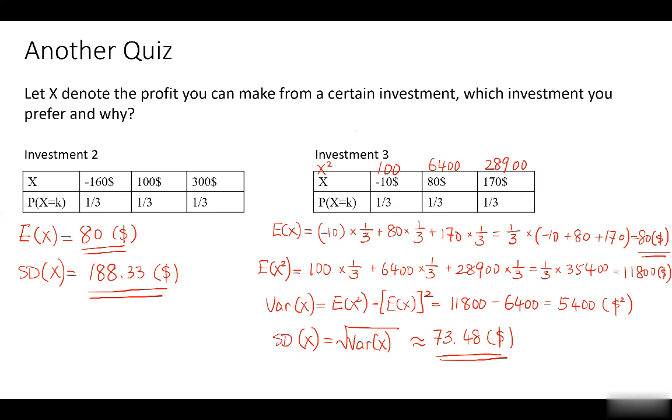So which one do you prefer? As a rational person, I think investment 3 is more preferred, right? Because the average profit is the same, but in option 3, you will have much lower risk. So option 3 is more preferred if you are a rational person, right?